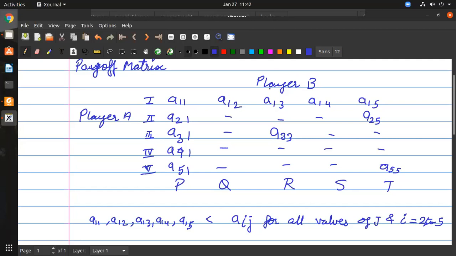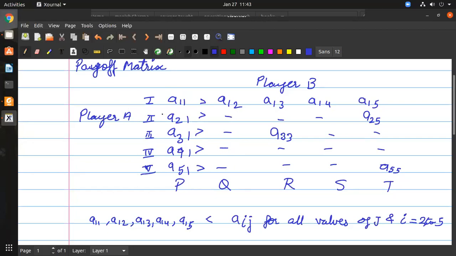But if I talk about player B, all these values A11, A21, A31, A41, A51 have larger values than A12, A22, A32, A42, A52. Why?